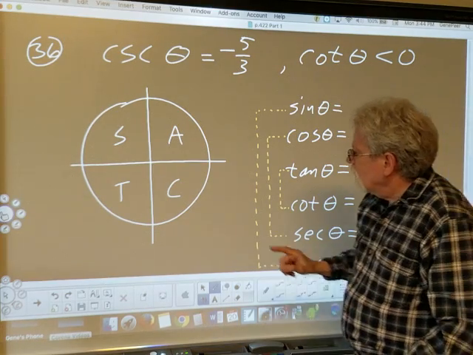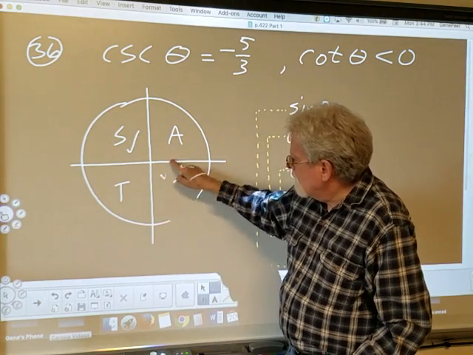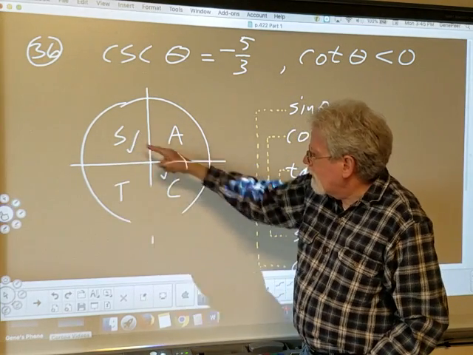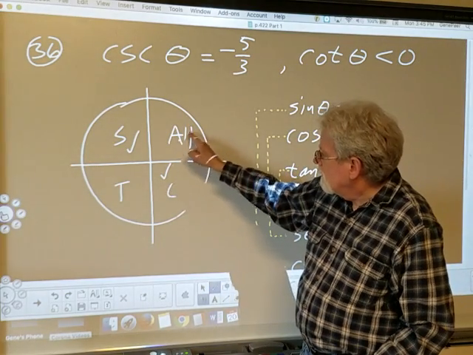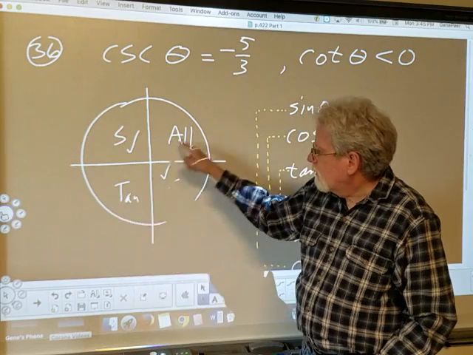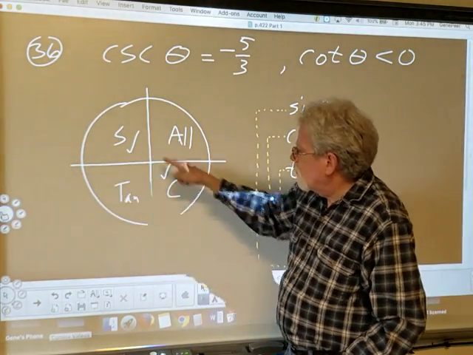So tangent can't be here, can't be here, it could be here or here. These are the only places where tangent will be negative, because here, all, and here, it's positive. So, we know that our angle is in one of these 2 quadrants.